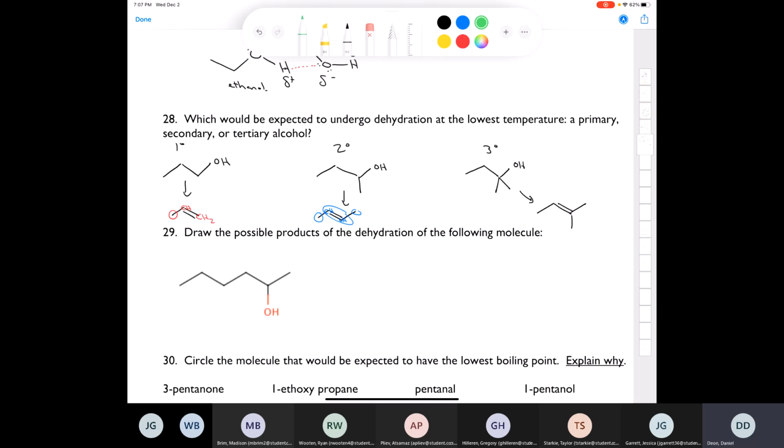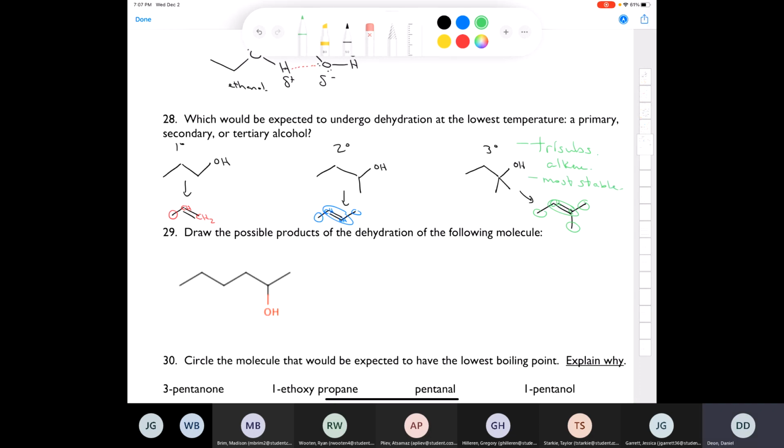Whereas in the third one, the tertiary alcohol, this is a CH, this is a C, just a quaternary carbon. That double bond overall is attached to 1, 2, 3 carbons. So this one is tri-substituted. It gives the most substituted alkene. Okay? So the tri-substituted alkene is the most stable of all these alkenes.